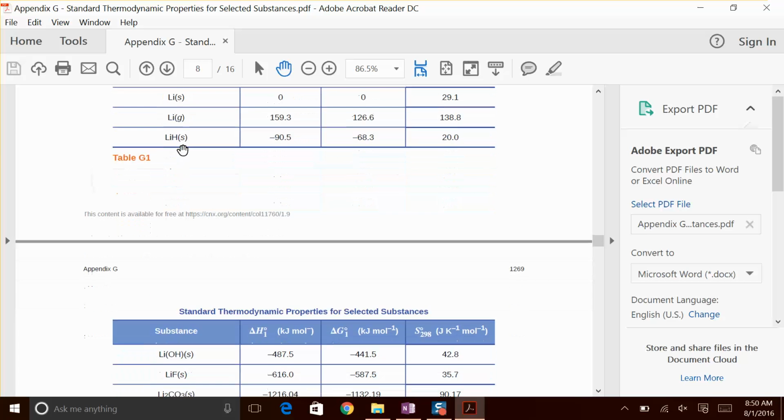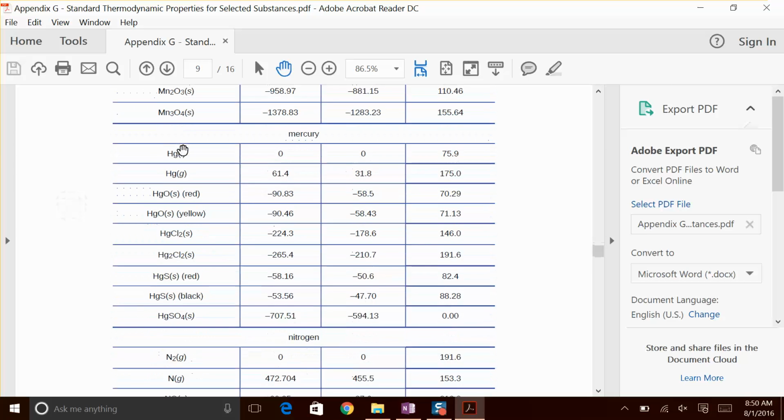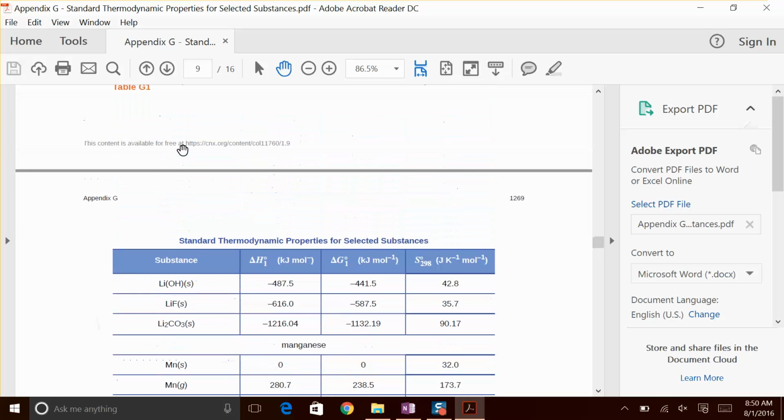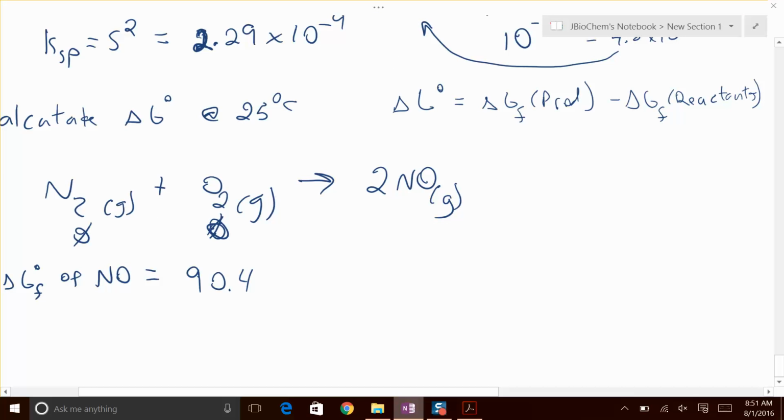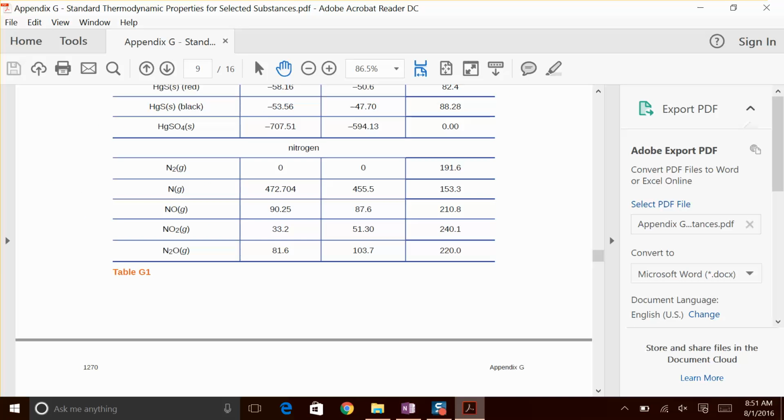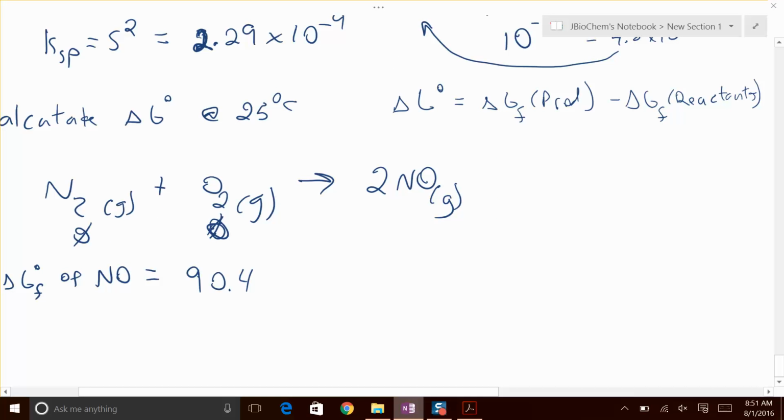Let me make sure that's... Oh, that's the delta H. I'm sorry, I gave you the wrong one. Delta G for NO is 87.6. Fix it, because I made a mistake. 87.6 kilojoules per mole is the delta G of formation for NO.